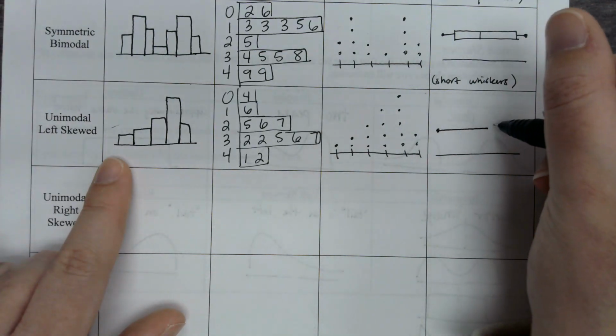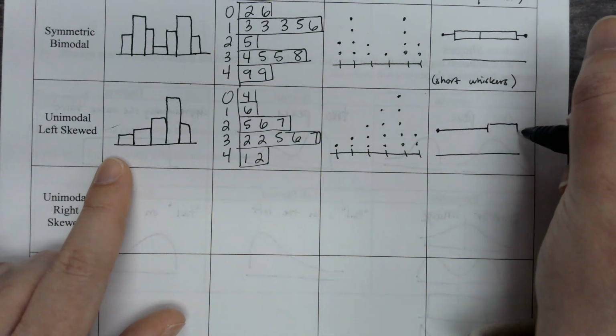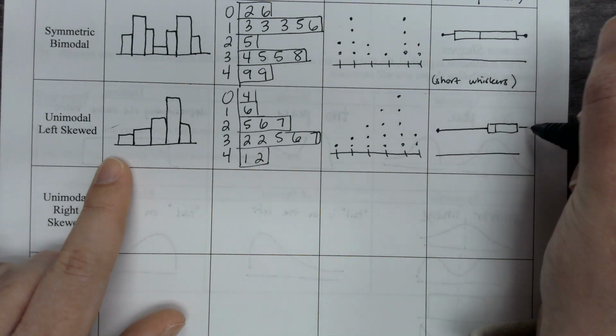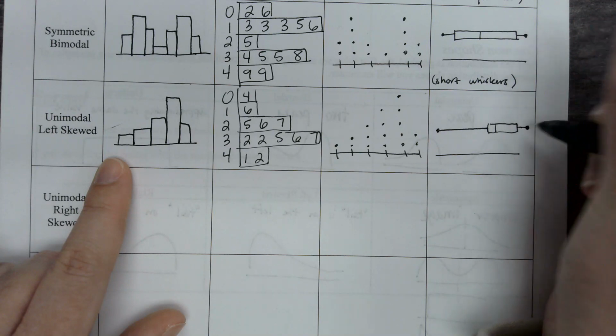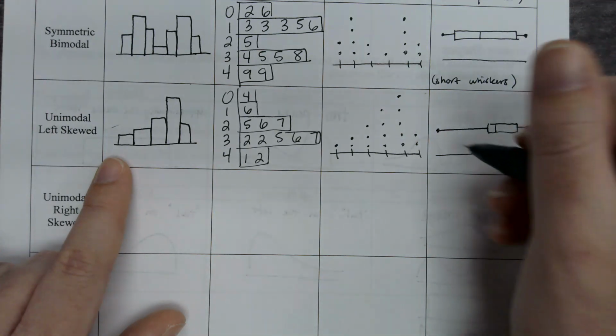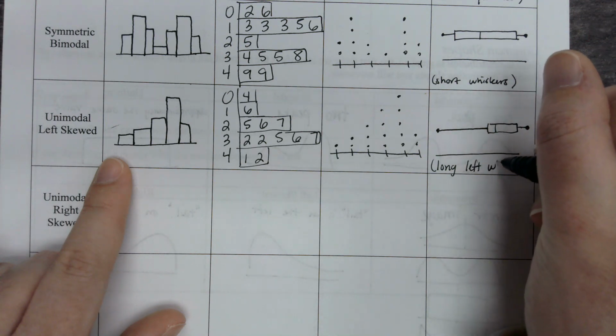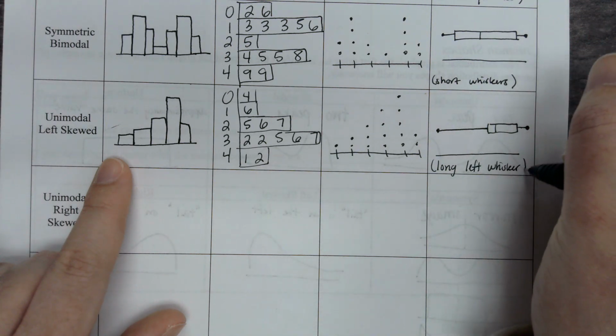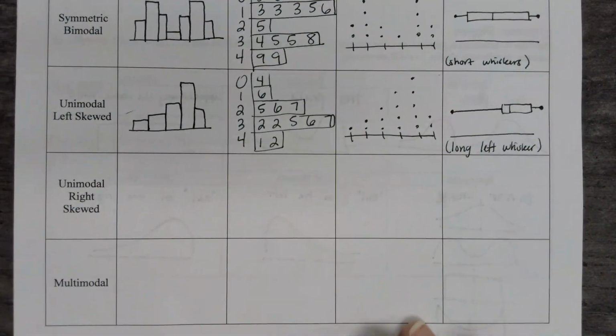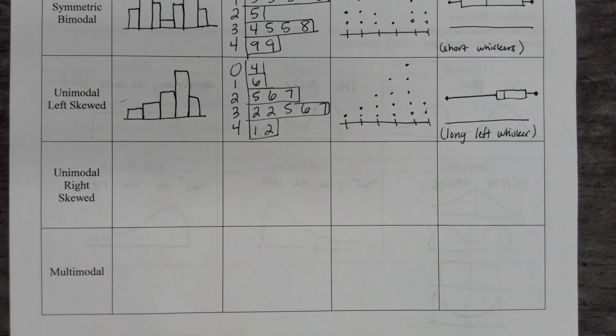So we're going to have a really long left whisker, and then we'll have our box over here on the right, because that's where the majority of our values are, and then a small right whisker. So if you want to put long left whisker, just to remind yourself, that's what it's going to look like.